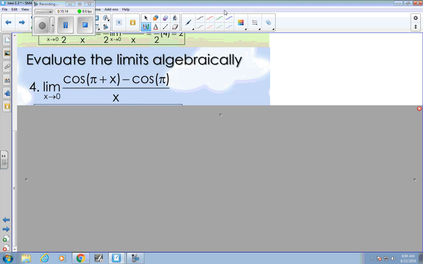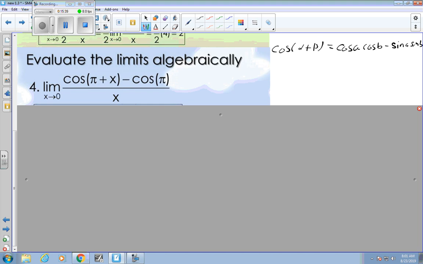So cosine of alpha plus beta, which you will never have to know. If that's on there, if it's ever on an assessment, I will give you that formula. Cos A cos B minus sine A sine B. Hopefully you at least remember seeing something like that last year.